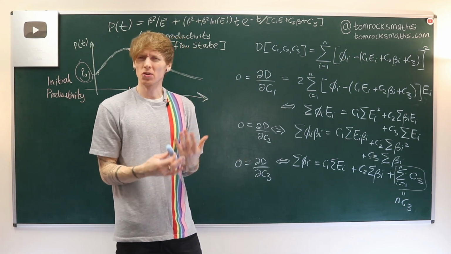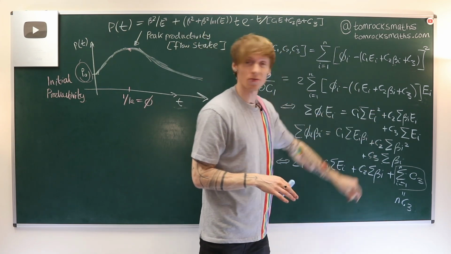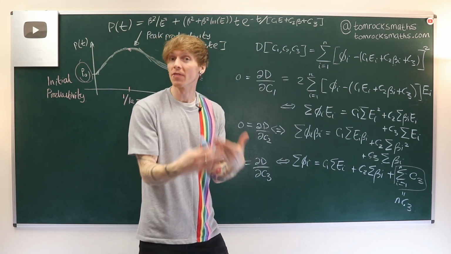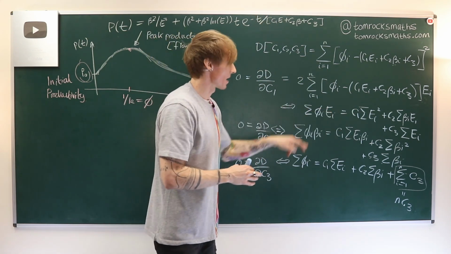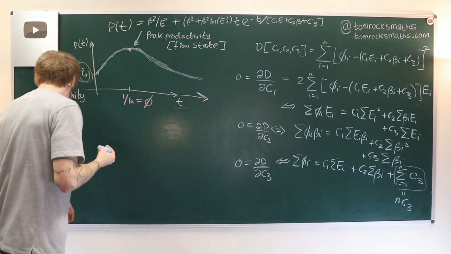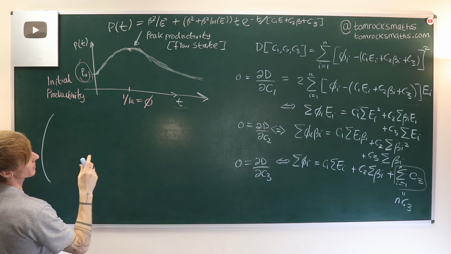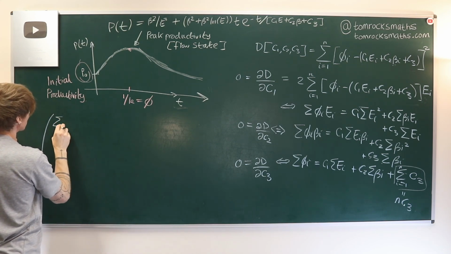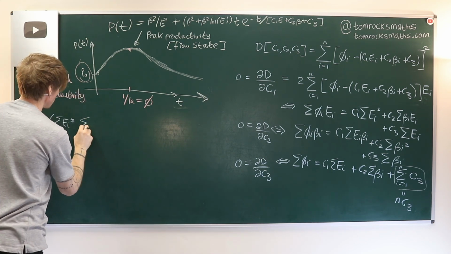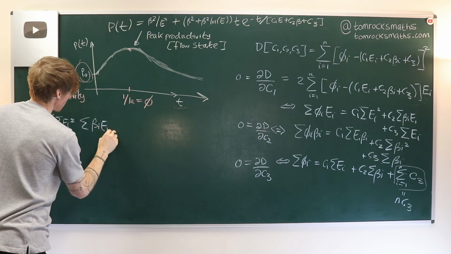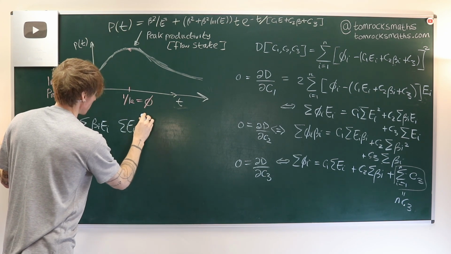So remembering that we're trying to solve for the constants C1, C2, and C3, and the beta_i, E_i, and phi_i are all experimental data. They're things we've measured. Then we've actually got a matrix system. And we can rewrite this whole thing as, we've got C1 times the sum of E_i squared plus C2 times the sum of beta_i E_i plus C3 times the sum of the E_i.